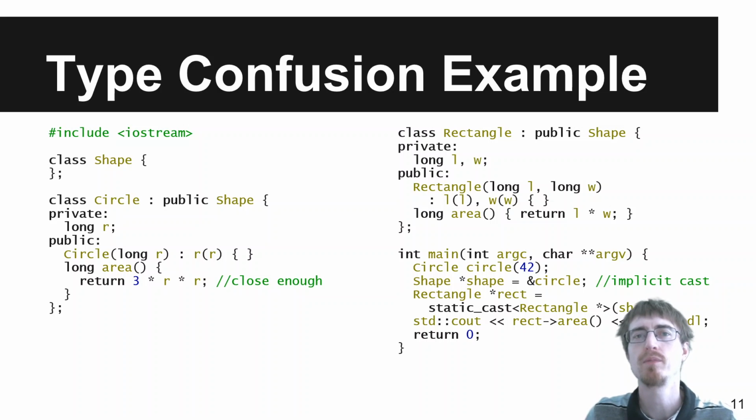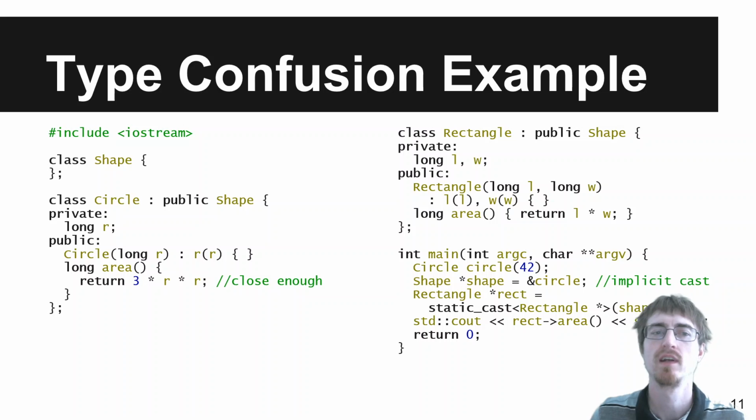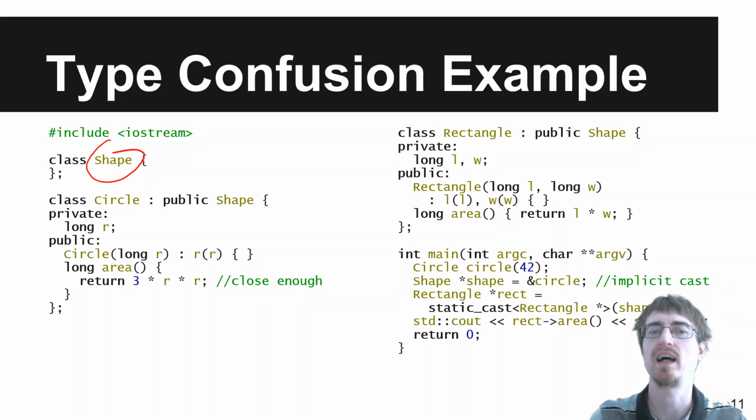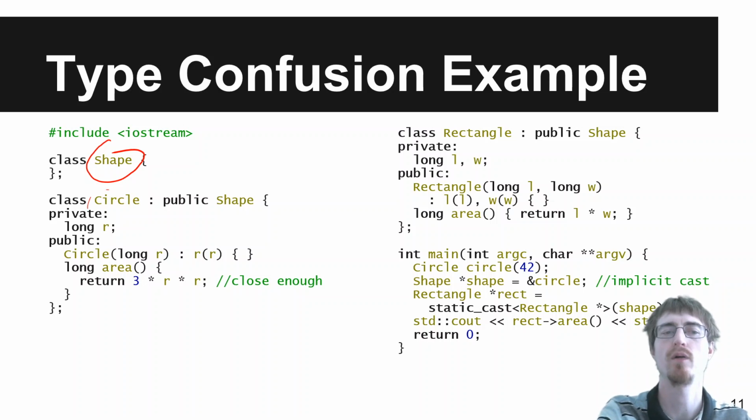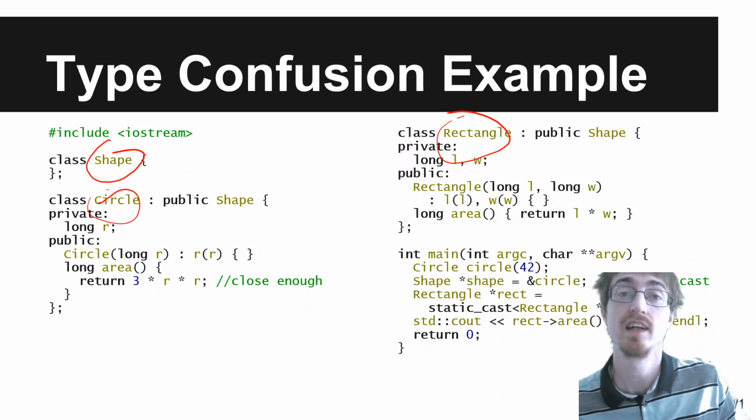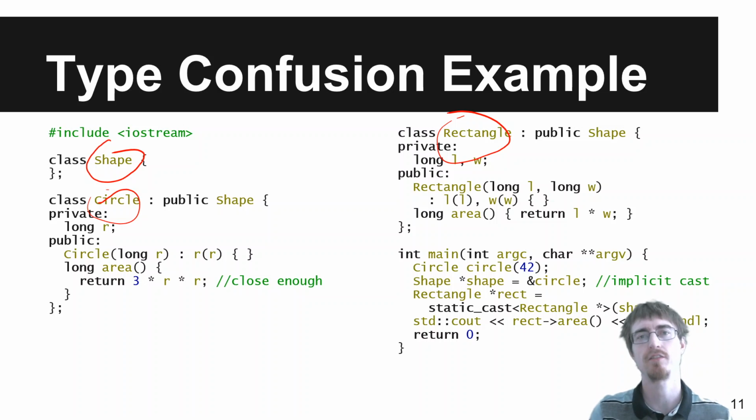Here we have a very simple example of a type confusion. Now we define three classes. The shape is the parent class, and it's the parent of both the circle and the rectangle. Now both of these classes individually provide an area function, which computes the area of the object. They also provide a constructor, and the constructor simply initializes all the local variables to the values provided to the constructor.